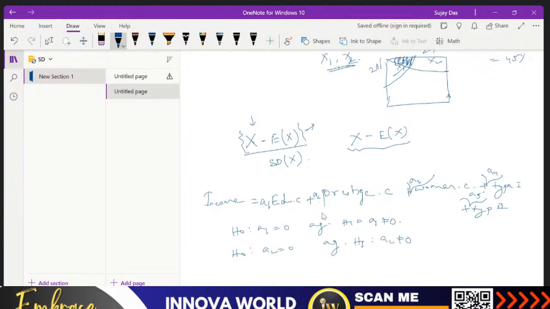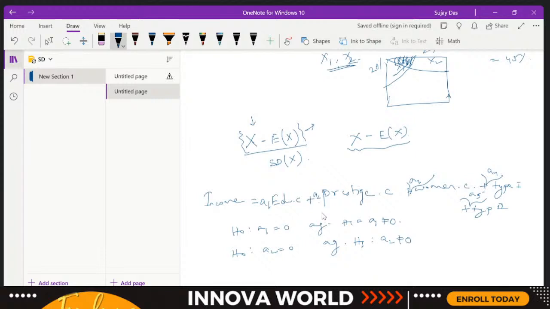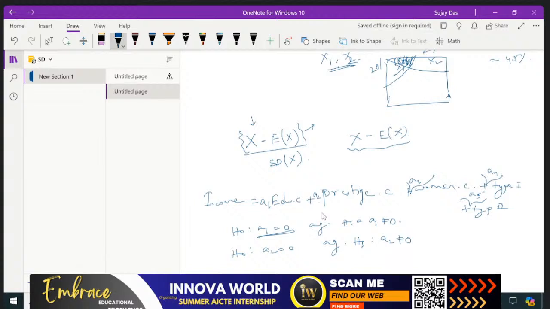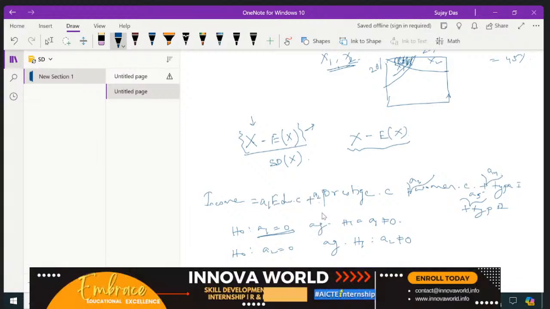So in total there are 5 tests running in the background simultaneously. We are checking whether these coefficients are equal to 0 or not. If the null hypothesis gets accepted, that means we do not need that variable in our model.